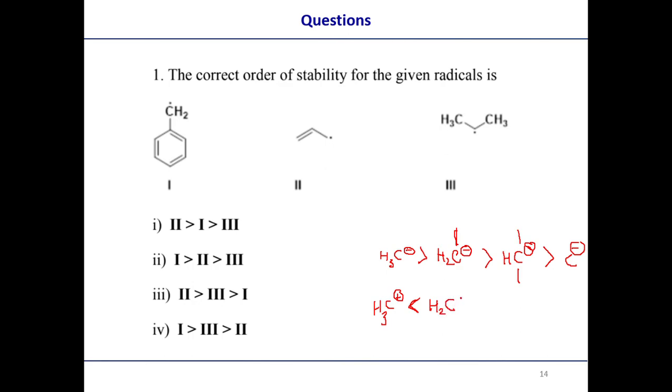The trend is exactly opposite. So always remember this trend, then it will become easy to understand the stability of carbocations and carbanions, and it will help you to do rearrangement reaction problems also.